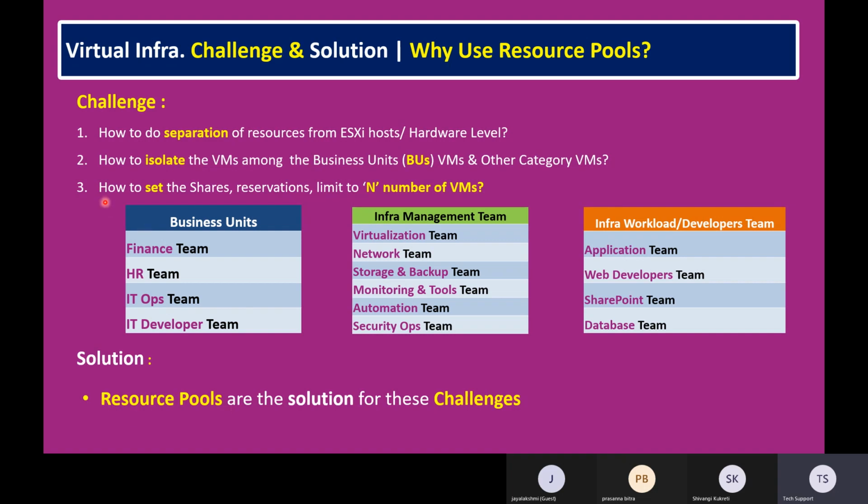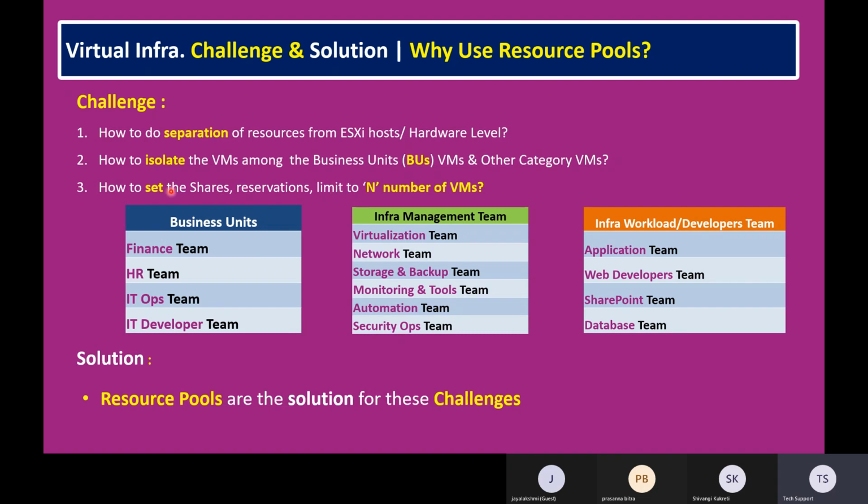And same way, the third point is how to set share, reservation and limit for n number of virtual machines. Suppose n number means you can keep any number, either 100 VMs or more than 100 VMs, 1000 VMs also. If you want to set the shares, reservation and limit, doing it for individual virtual machines is not an easy task, it's a difficult task.